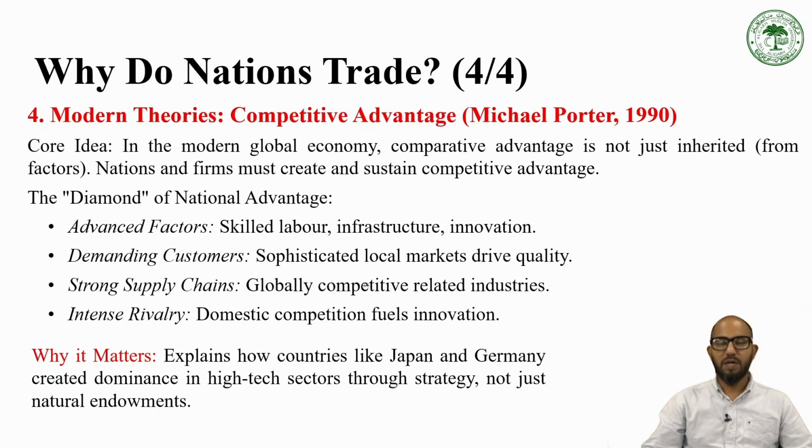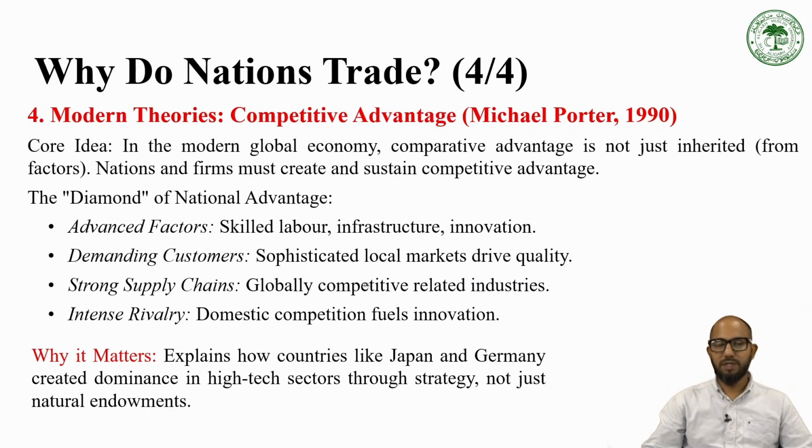The diamond as a concept was given by Michael Porter, and he highlighted national advantage through four parameters. The first, advanced factors such as skilled labor, infrastructure, innovation. Second, demanding customers who need sophisticated local markets that drive quality. Third, strong supply chains, which are important for globally competitive related industries, and fourth, intense rivalry, which talks about domestic competition fueling innovation.